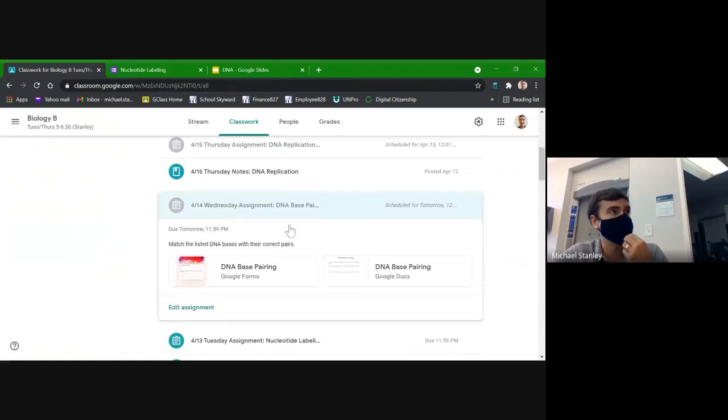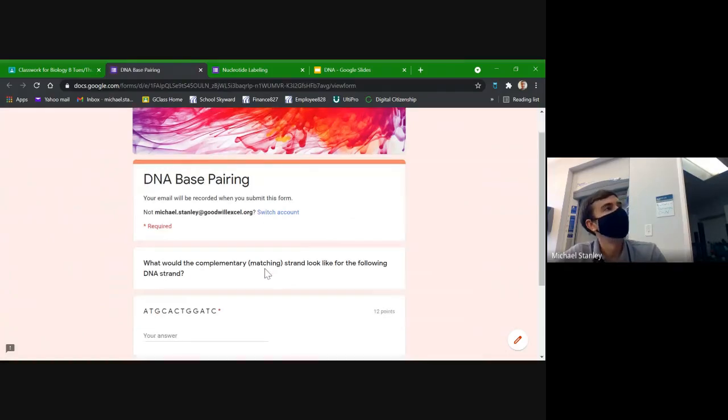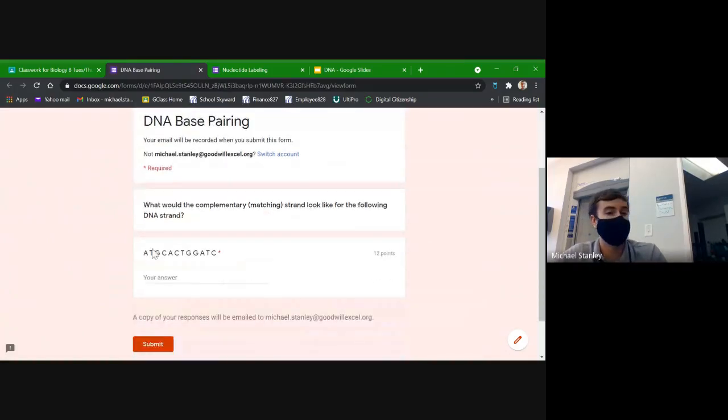Tomorrow's assignment has to do with these base pairs, the ATCG stuff. It's a simple assignment, one question basically, although there are lots of little parts. You have one side of a DNA strand: ATG, CAC, TGG, ATC.